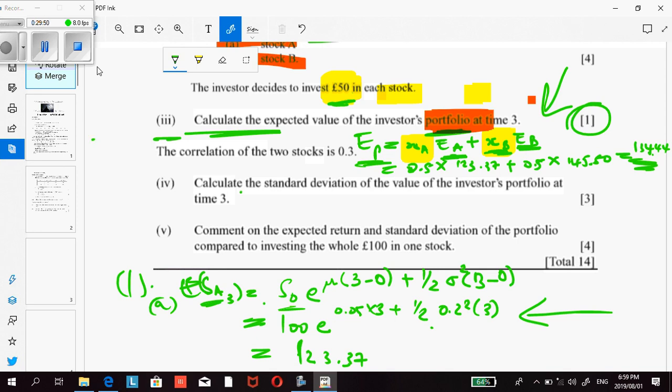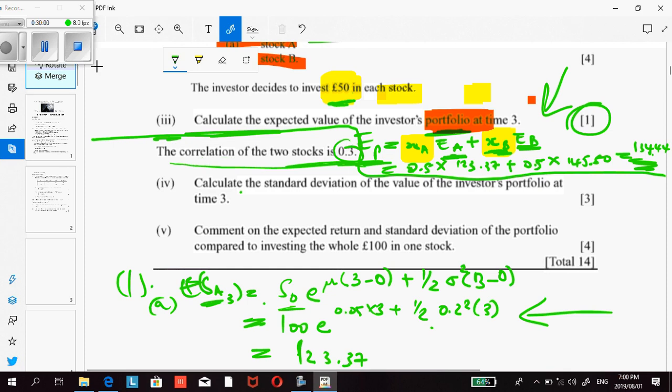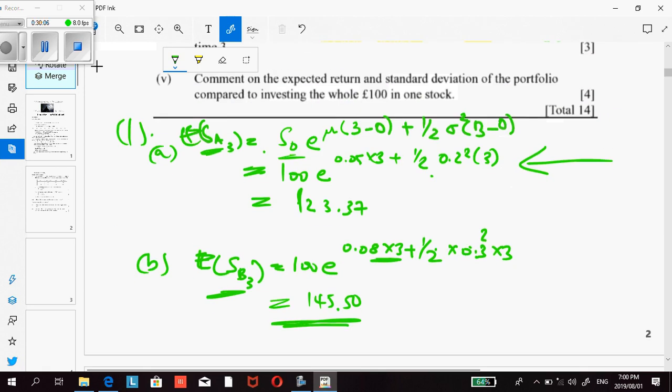Now they go on into something here. Now let me separate this here. Now they are saying the correlation between the two stocks is 0.3. Now they are talking about your correlation. Now I want you to remember from your subject CT3.